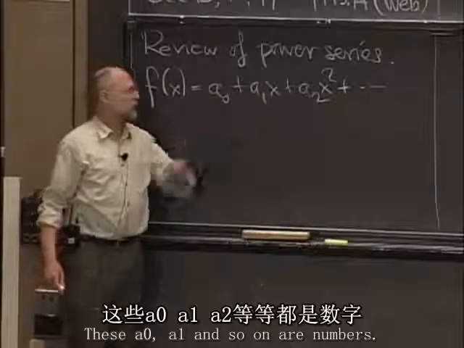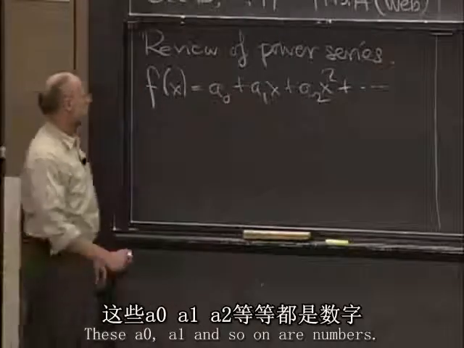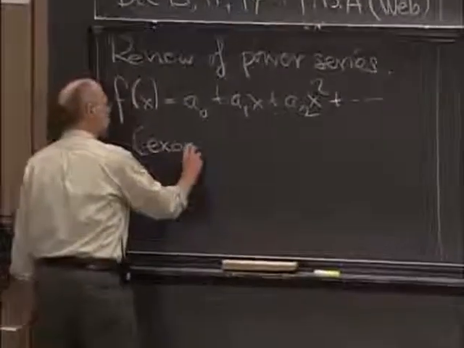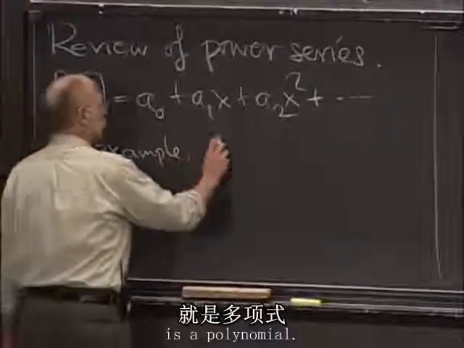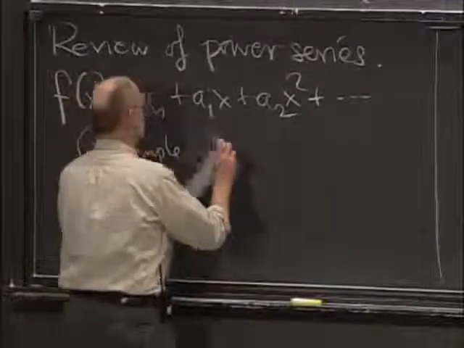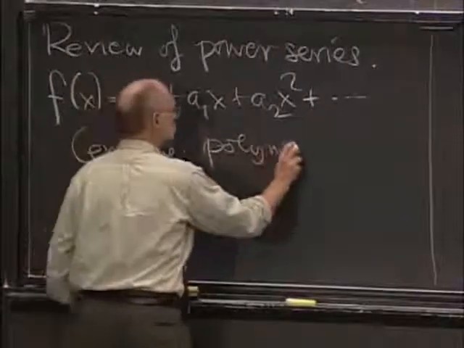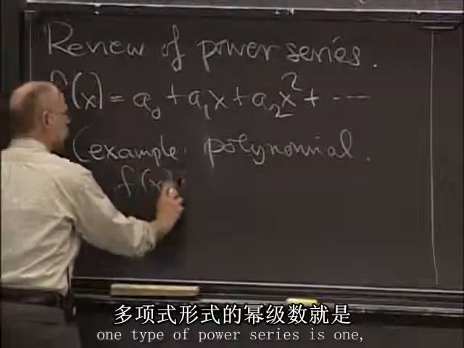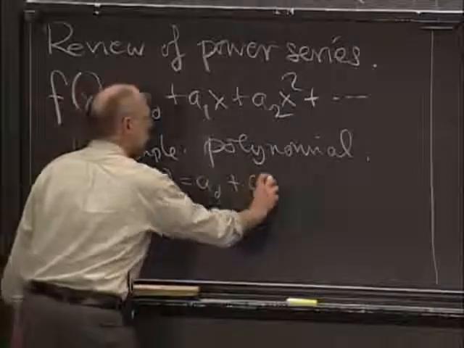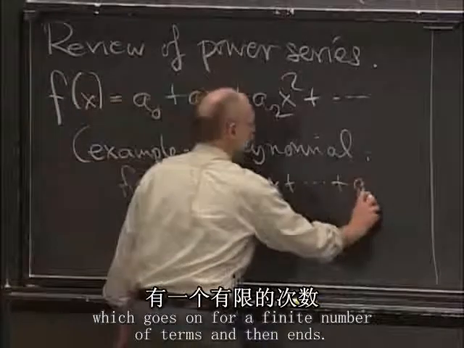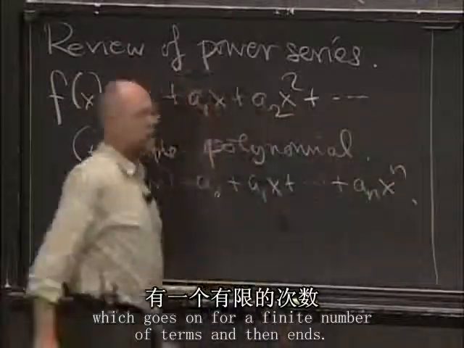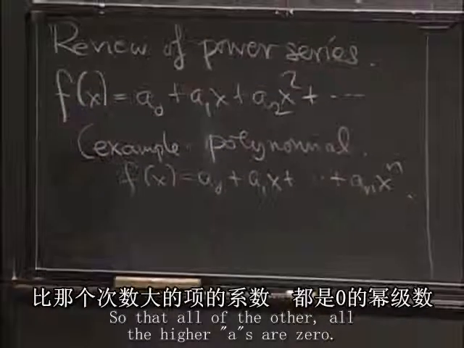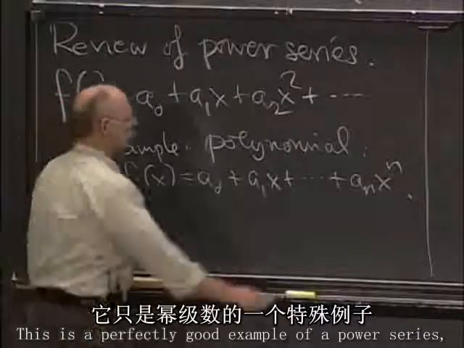These a0, a1, and so on are numbers. An example of a power series is a polynomial. Not to be forgotten, one type of power series is one which goes on for a finite number of terms and then ends, so that all the higher a sub i's are all 0. This is a perfectly good example of a power series.